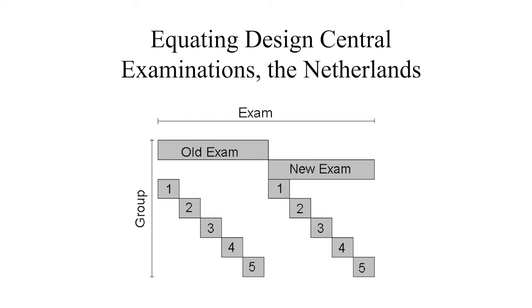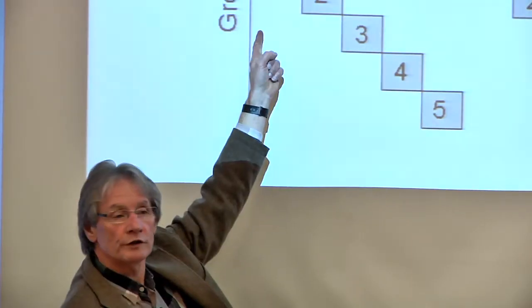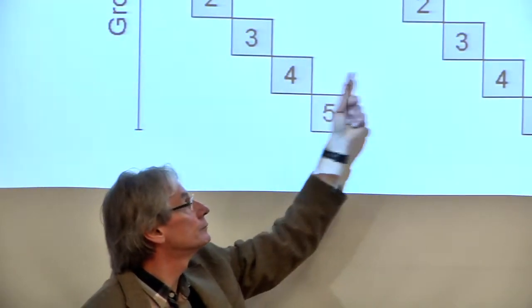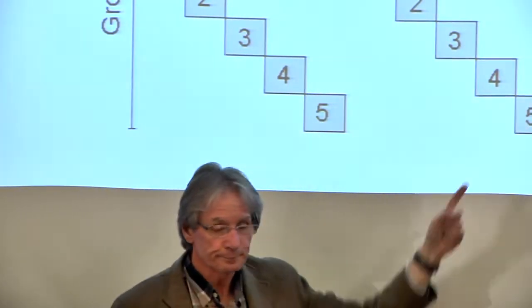The moment that the second examination is given, we have available linking groups in a different stream of education, and they all get a small part of an old examination and a small part of a new examination in this way. Okay? And that creates the link.